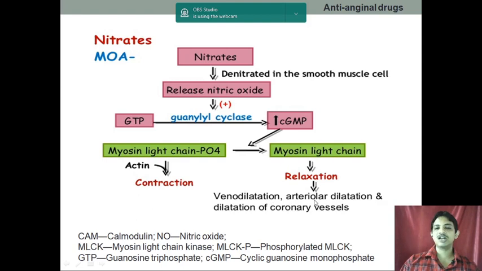So there is venodilation, arteriolar dilation, and dilation of the coronary vessels. When there is venodilation, arterial dilation or coronary dilation, more blood can flow through the coronary blood vessel.